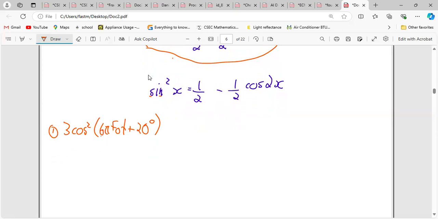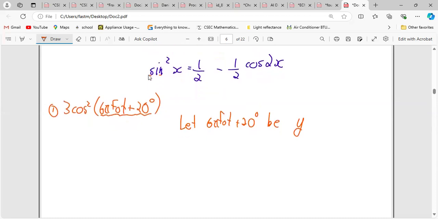So I like to do this angle here, because writing this over and over and over in our proof is a lot of work. So we could say let 6 pi f naught t plus 20 degrees be y, or a, b, c, anything you want it to be. It shouldn't really matter, there are like 26 letters in the alphabet. So now we're just dealing with cos squared y, which is way easier to work with.